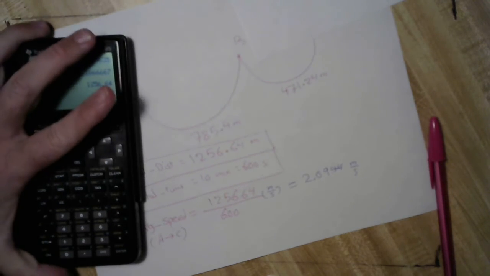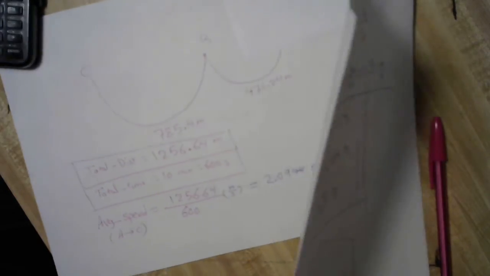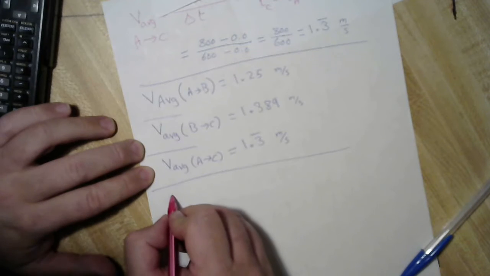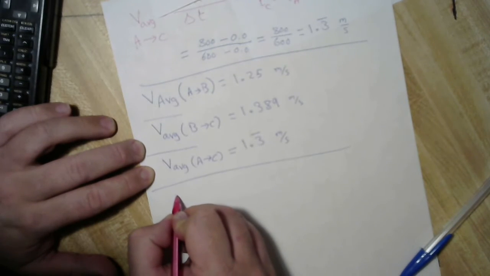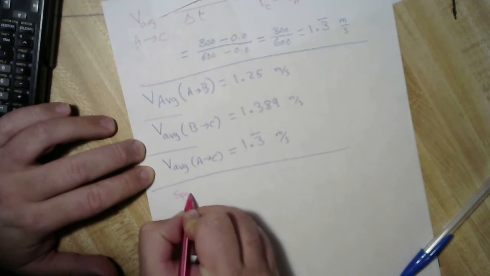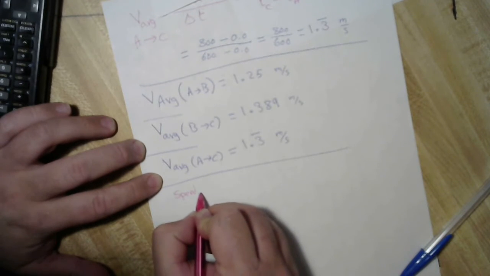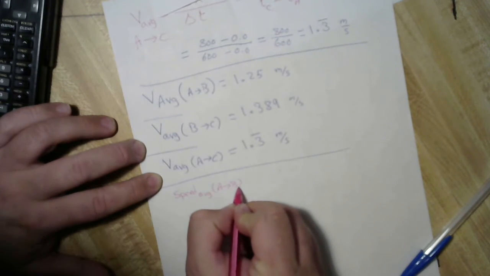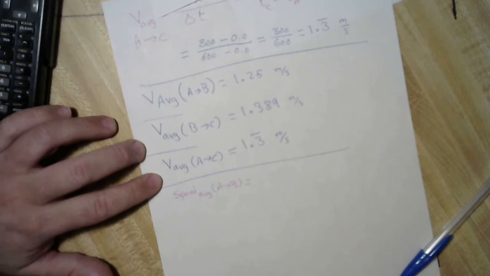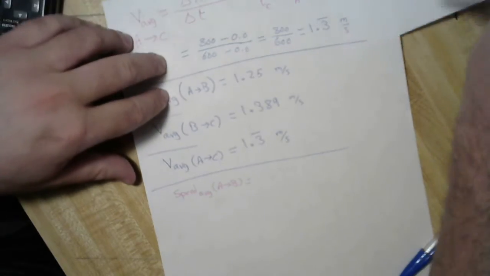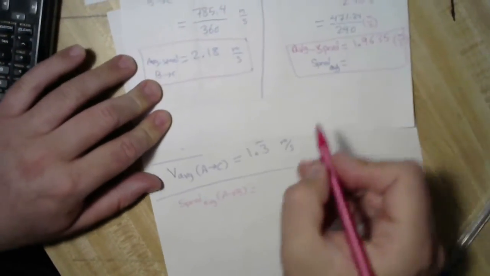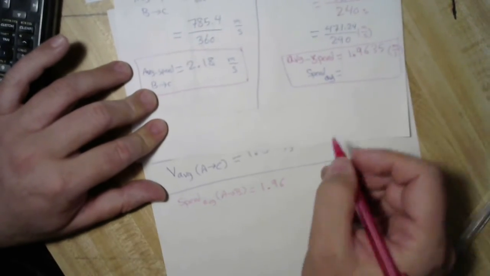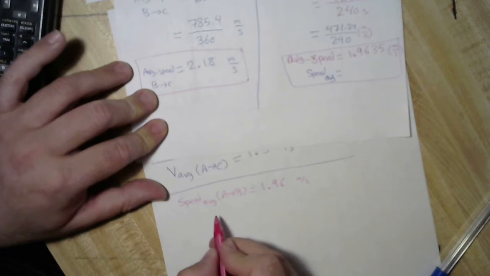So now, if we look at the speed and the velocity, the average speed from A to B, how much was the value? It is 1.96, and we can approximate this, meters per second.